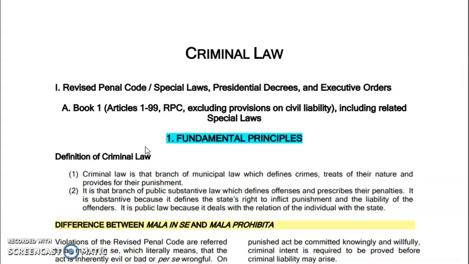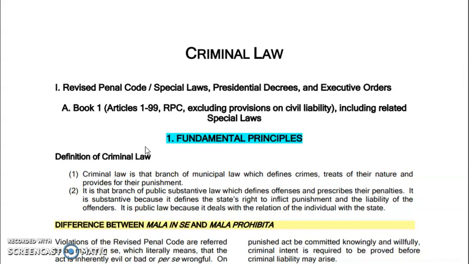So, one question we also want to answer, because when we discuss criminal law, some may be thinking, are there common law crimes that exist in our jurisdiction?